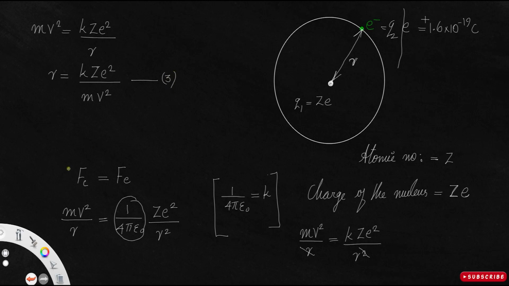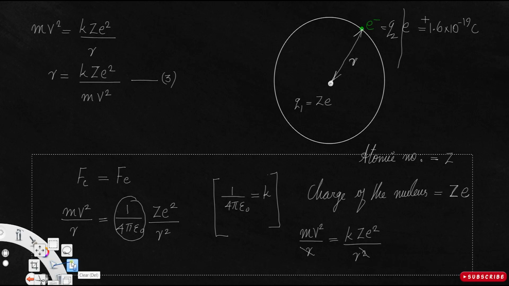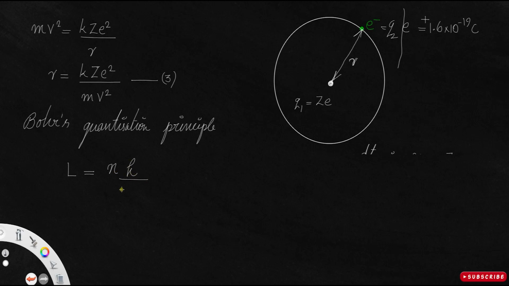And I have to consider Bohr's quantization principle here. According to Bohr's quantization principle, we know the angular momentum L must be an integral multiple of h by 2 pi.